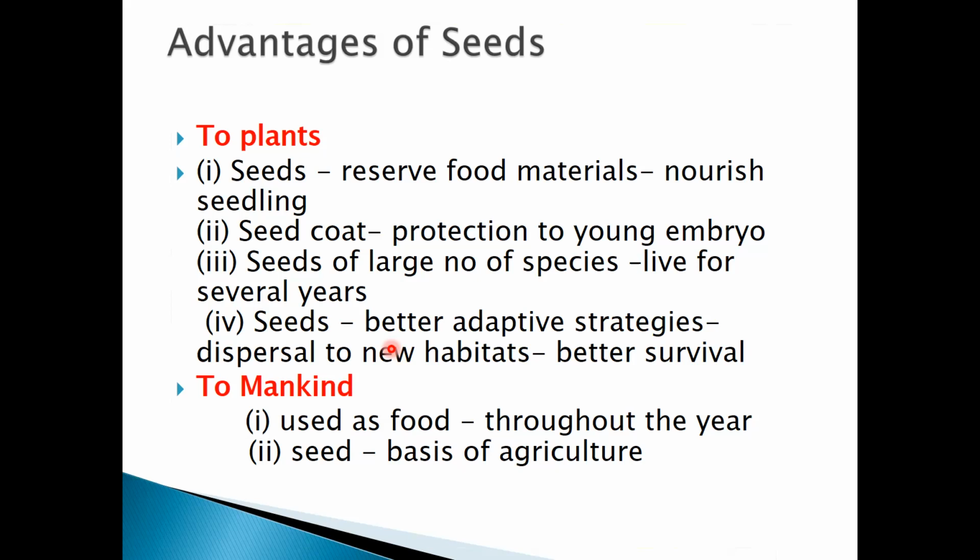So they have this adaptivity, and they can adapt themselves to those conditions. So seeds have better adaptive strategies. Now for example, they become inactive when there is no proper situation.